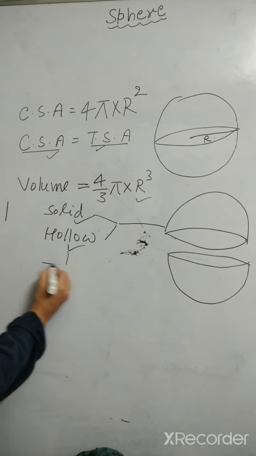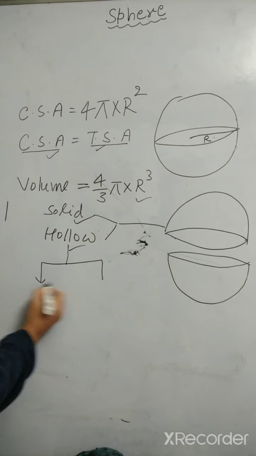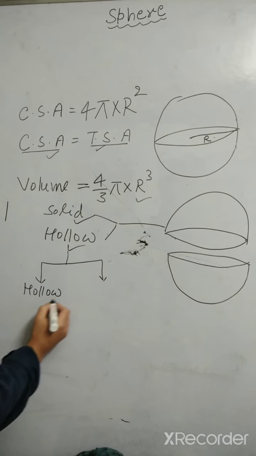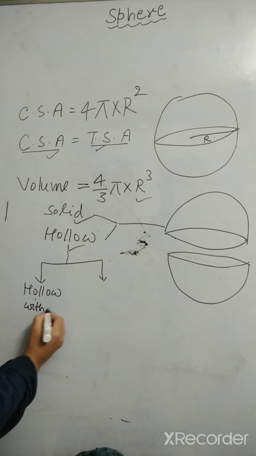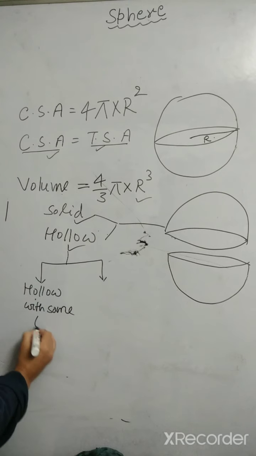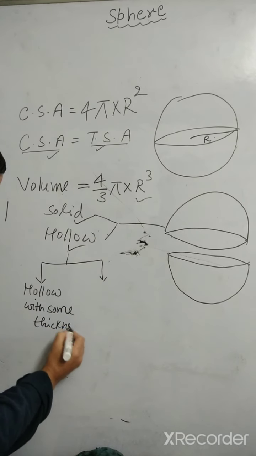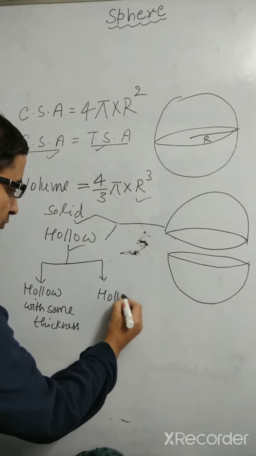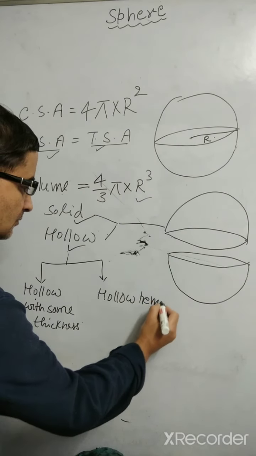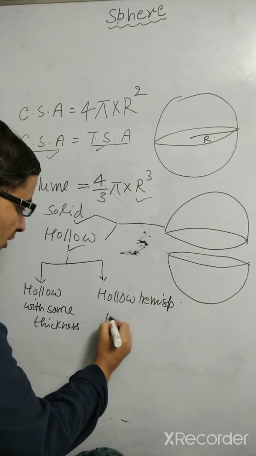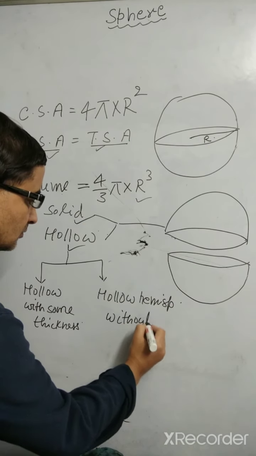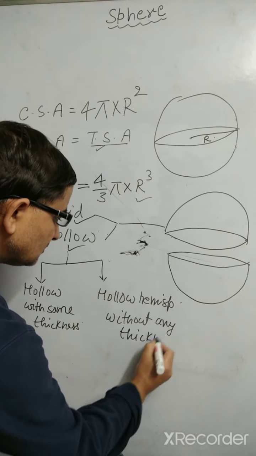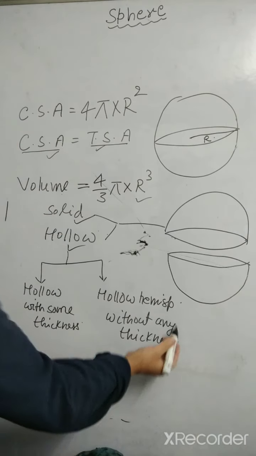Now this hollow hemisphere again can be categorized as hollow hemisphere with some thickness, and another is hollow hemisphere without any thickness or negligible thickness.